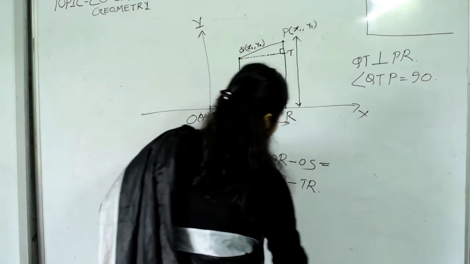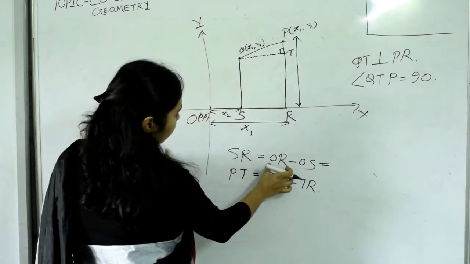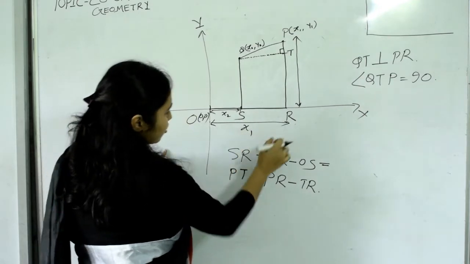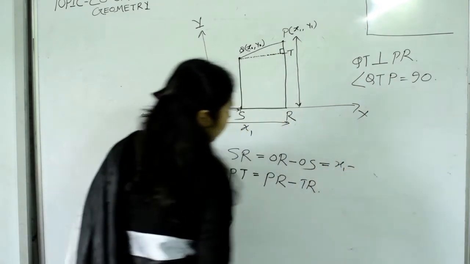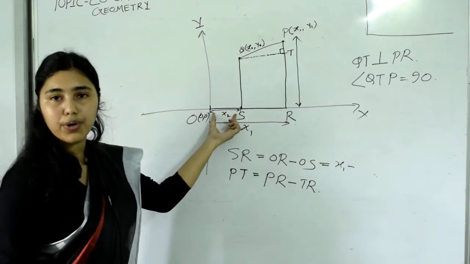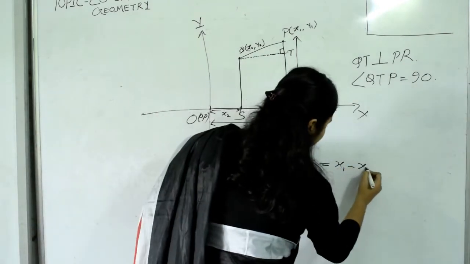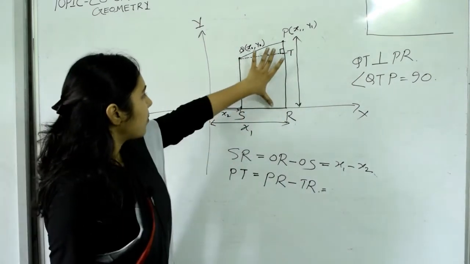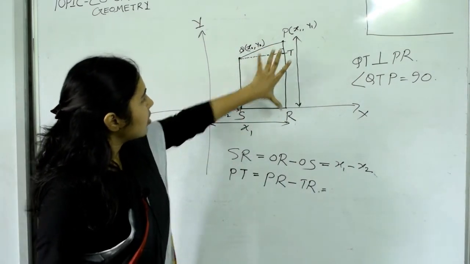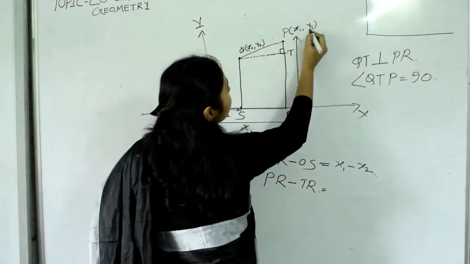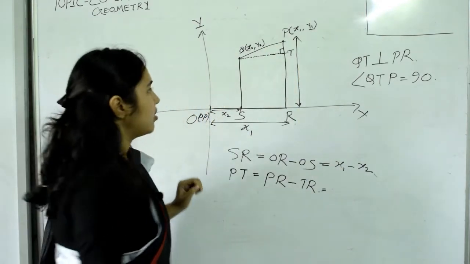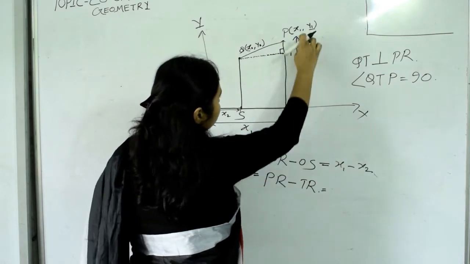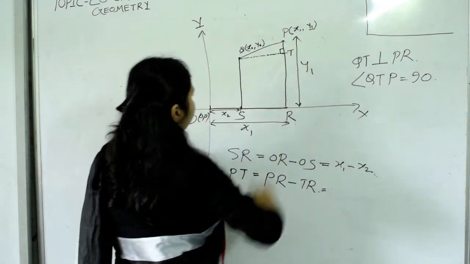So put here SR equals OR minus OS. So the value of OR is x1 minus the value of OS, which is x2. Next, consider PR. Here the ordinate of P is y1, which means this distance PR is y1.